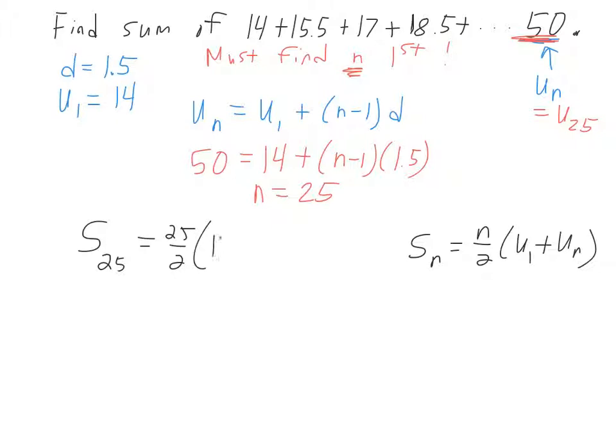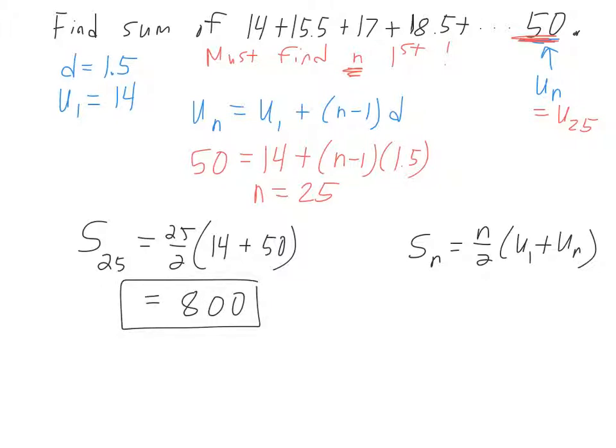Our first term is 14. Our last term is 50. Anytime you know the last term, you want to use this shorter of the two formulas. There's just less to plug in. And if you clean that up, you're going to get exactly 800. So the sum of all those terms would be 800.